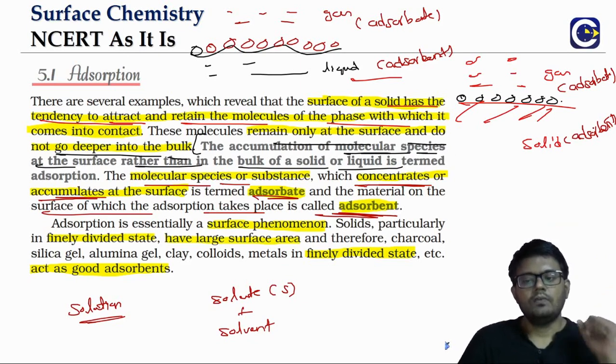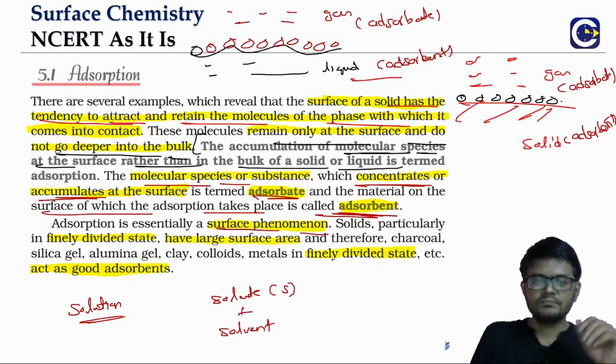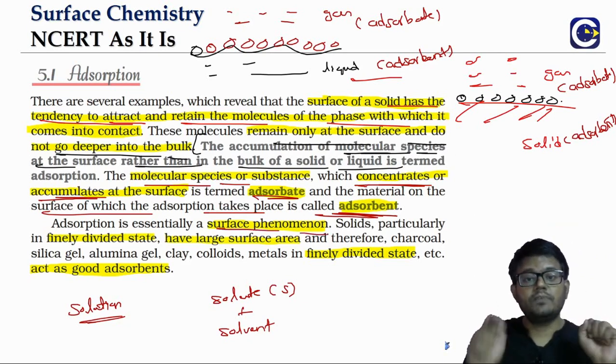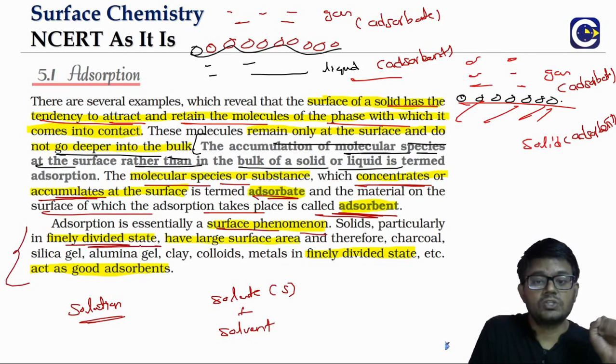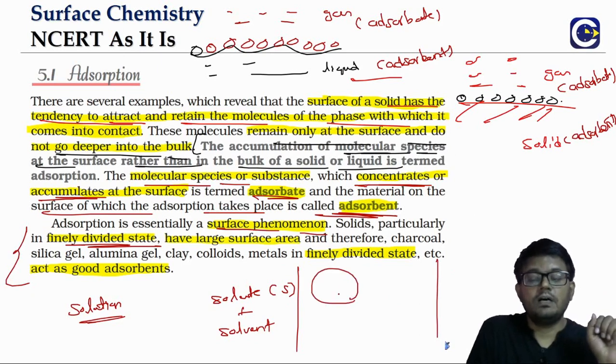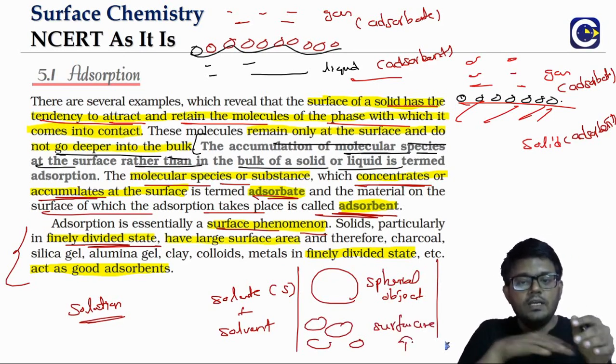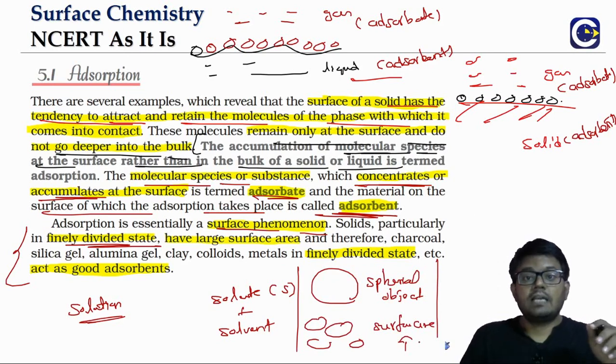Okay. Now when you look at adsorption, it's basically a surface phenomenon. And what is also observed is when you take a finely divided solid, remember in the properties of fluid chapter you will study, if you have a spherical object, it will have a lesser surface area. If you break these into small spheres, the surface area will be what? Increasing. Similarly, if you have a crystalline solid, that will have a lesser surface area.